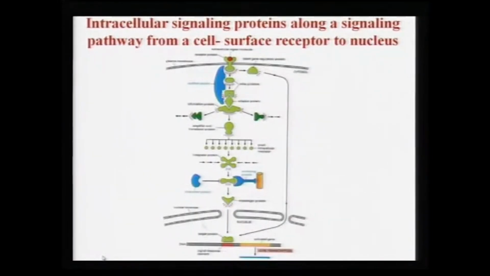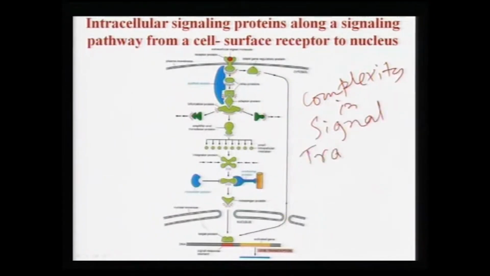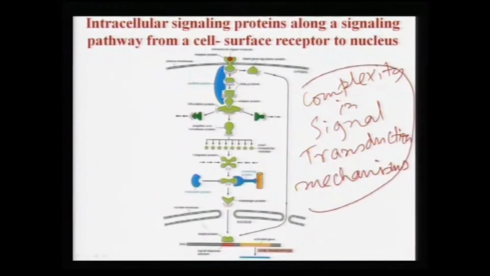Now, this particular slide shows you how complex it can be. Complexity in the signal transduction mechanism means you have these extracellular signal molecules, which are the red balls here.